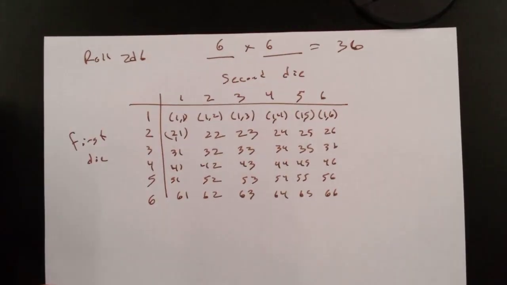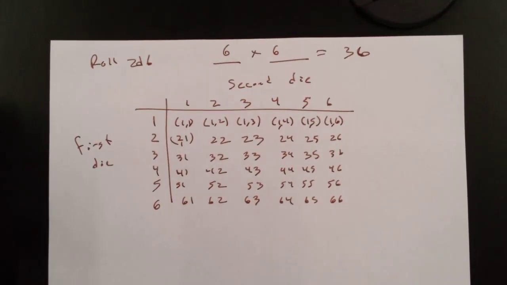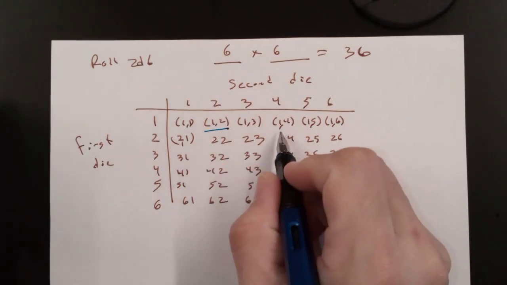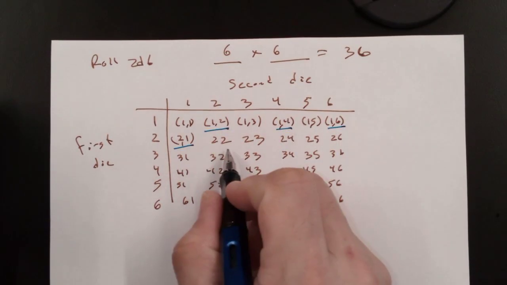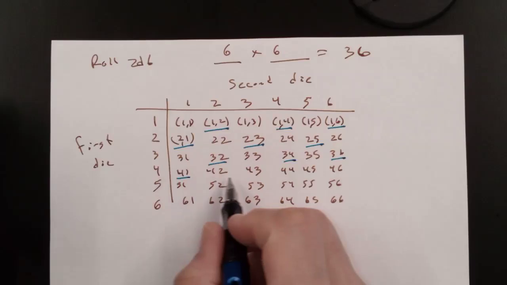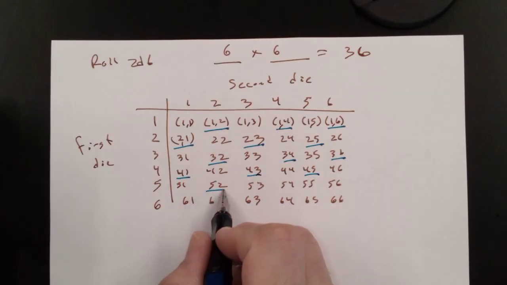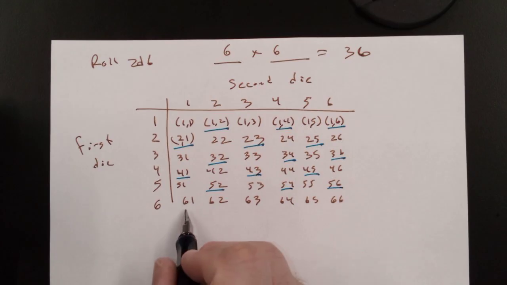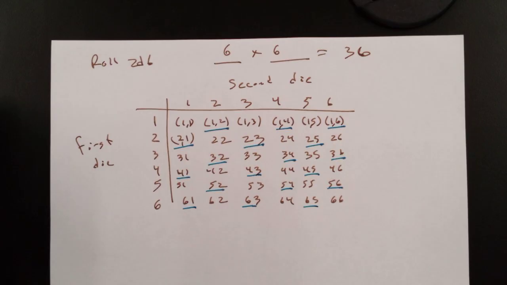It wasn't short to write out the entire sample space here. But now I can go through and add the numbers. Which of these have a total that's odd? And now I can count my events.